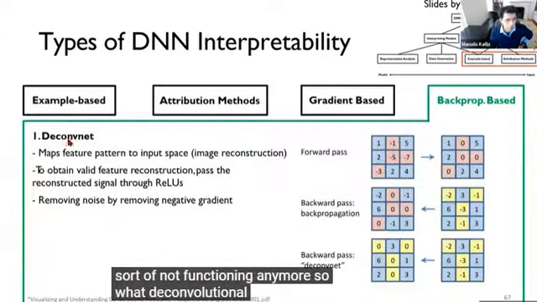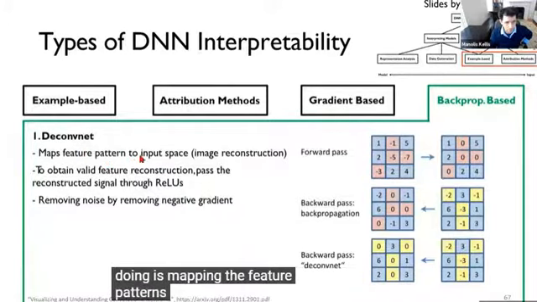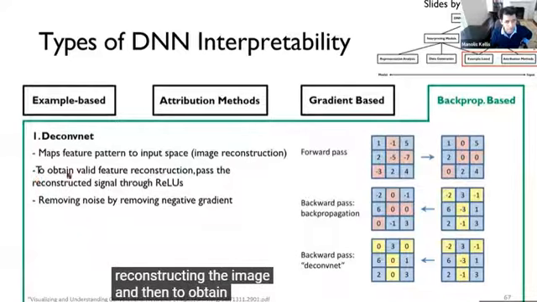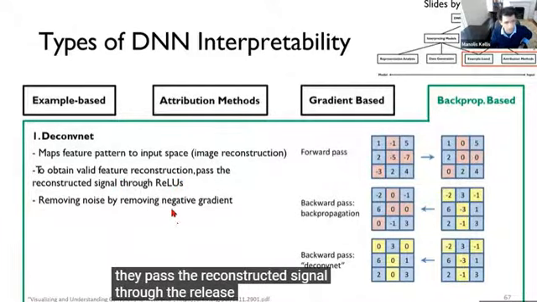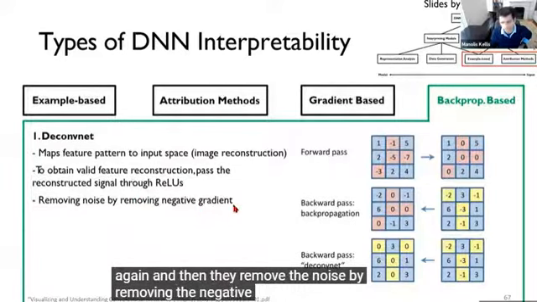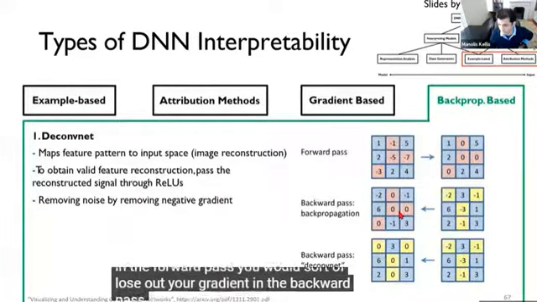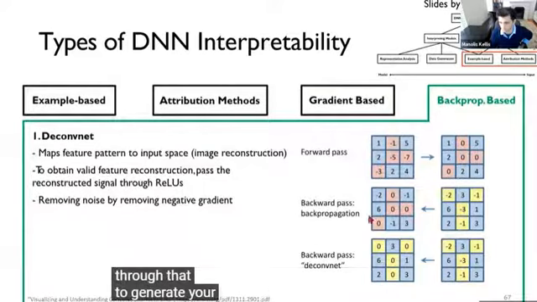So what deconvolutional neural networks are doing is mapping the feature patterns to the input space by reconstructing the image. To obtain a valid feature reconstruction, they pass the reconstructed signal through the ReLUs again, and then they remove the noise by removing the negative gradient. So in the forward pass, you would lose out your gradient. In the backward pass, you can no longer differentiate through that to generate your images.